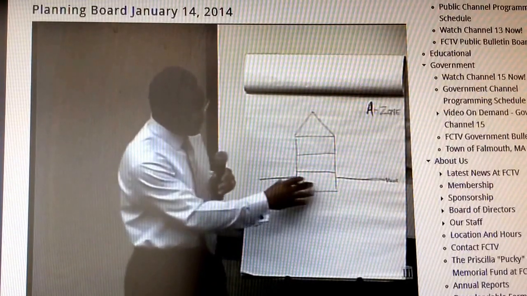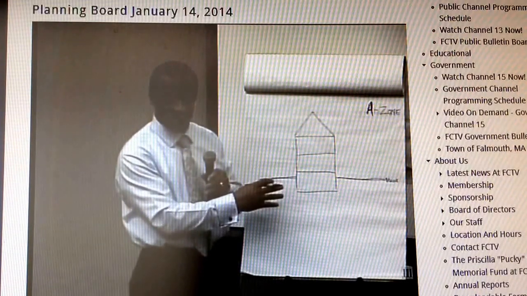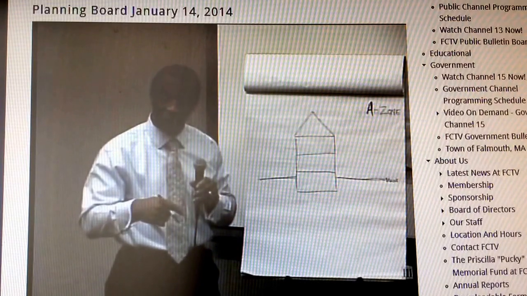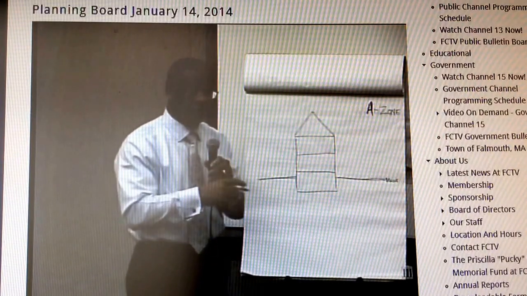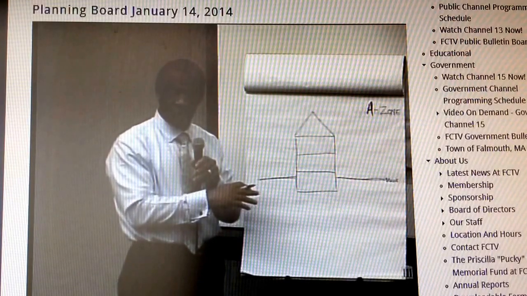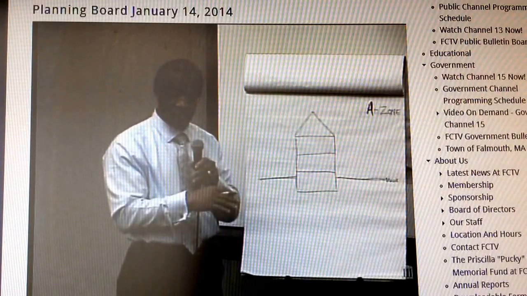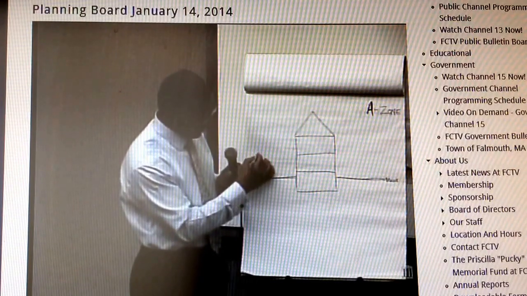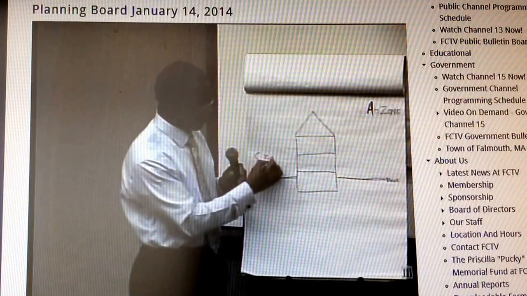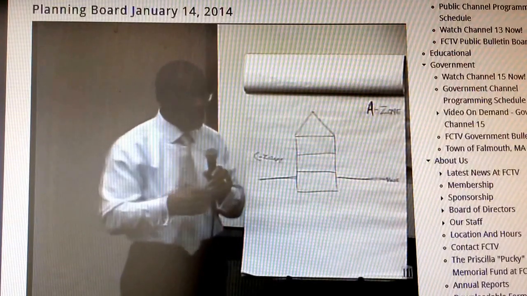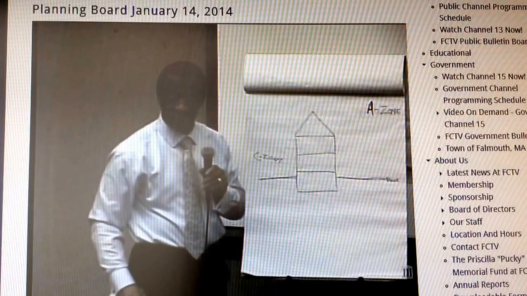So if someone has a situation like this, what's going to happen when the new maps go into effect, individuals who may not have been in a flood zone will be in a flood zone. So in a situation like this, the house was probably in a C zone, or a B zone. Now under the new maps, they would be in an A zone.